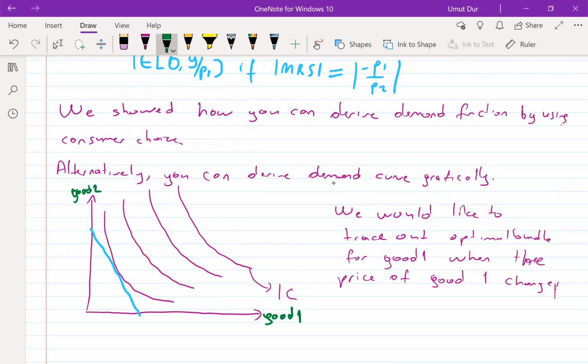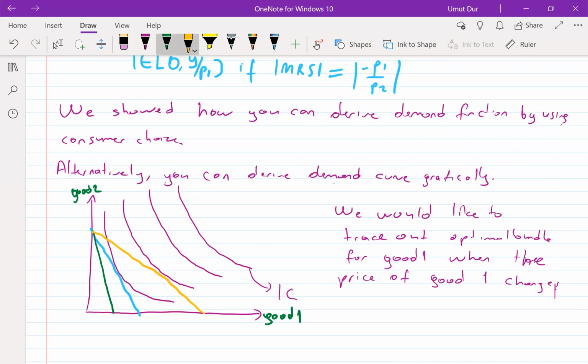So if I increase the price of good 1, I need to draw a steeper budget line. If I decrease the price of good 1, then I need to draw a flatter budget line.